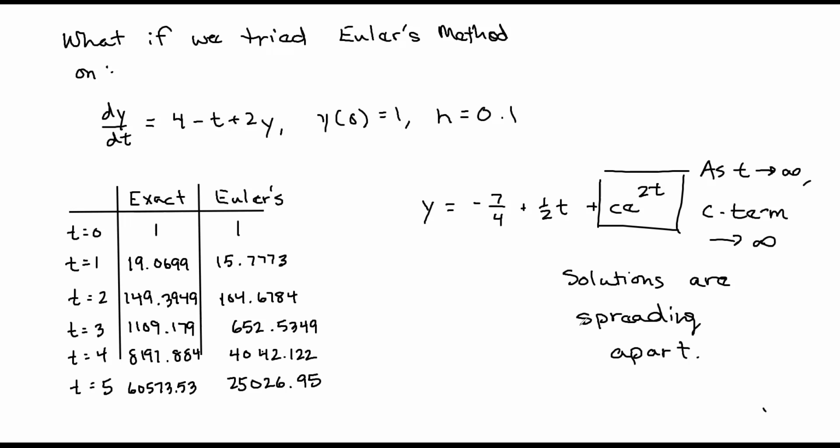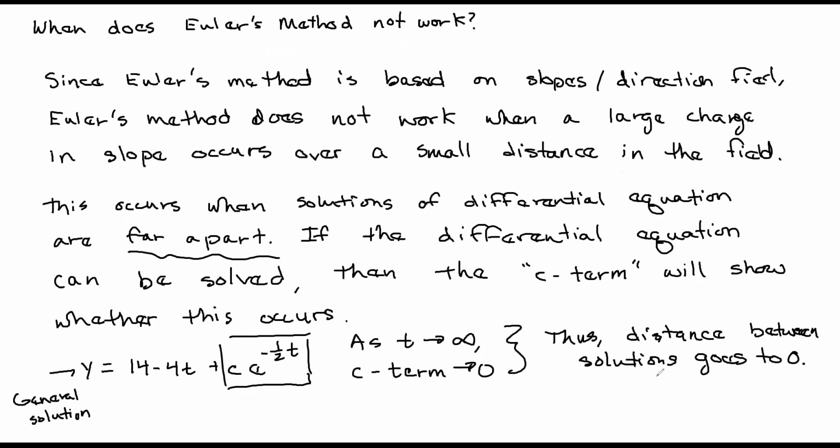If we end up getting something that's wildly different, then clearly it didn't work. And so this must be a circumstance where the solutions are spreading apart and blowing up. So the whole point of this last segment of the lecture is to just talk about what's happening. You won't know if that's happening or not. This is just an explanation for why it didn't work.